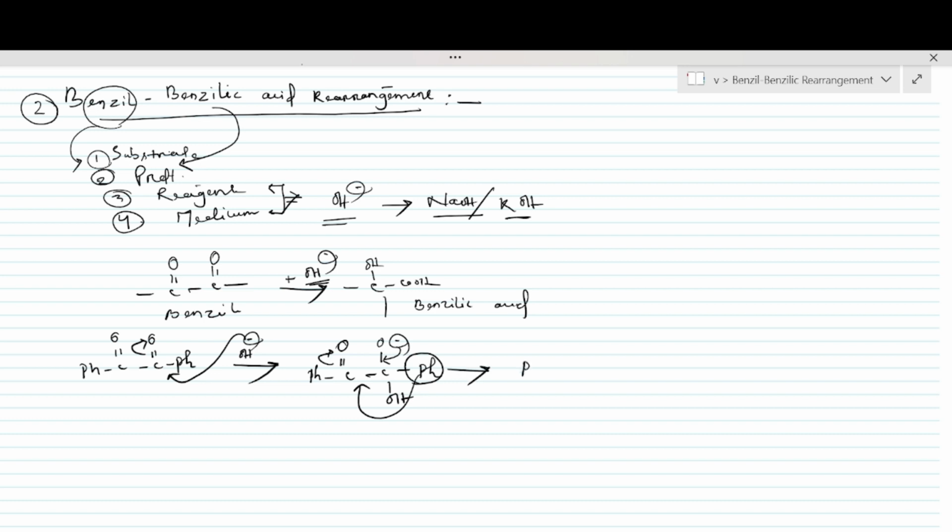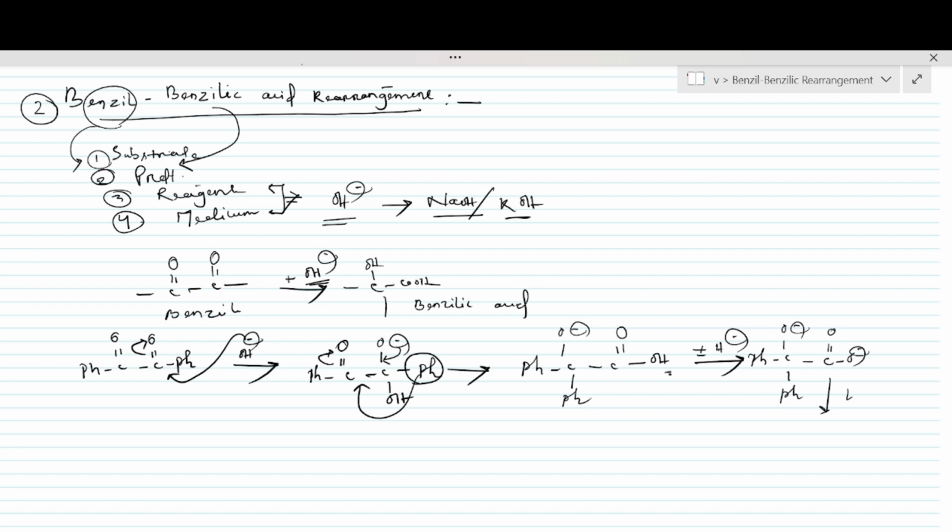So what will form is like this, and OH. After that, what happened? There is a hydride transfer. The hydrogen present over here migrates to that oxygen minus, forming another ionic intermediate like this.